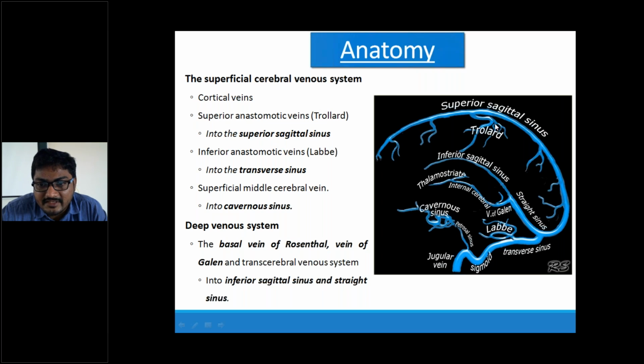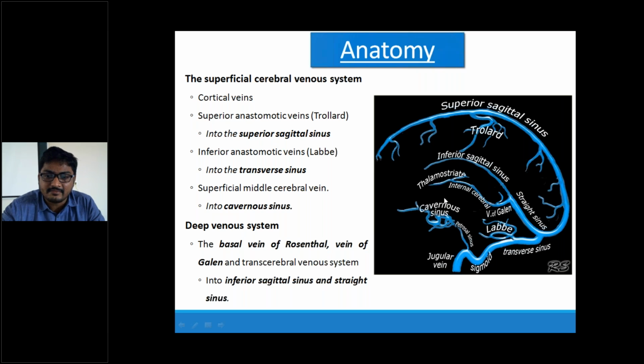So please remember, this is the vein of Trolard, vein of Galen, vein of Labbe. Trolard drains into the superior sagittal sinus, Labbe into the transverse sinus, and this one into the straight and inferior sagittal sinus, right?